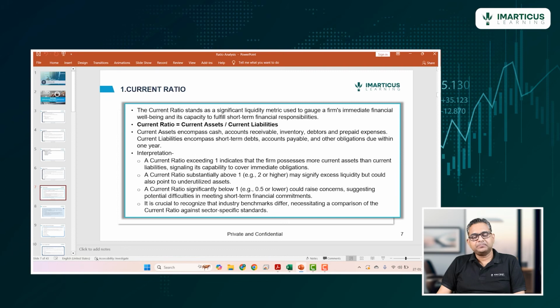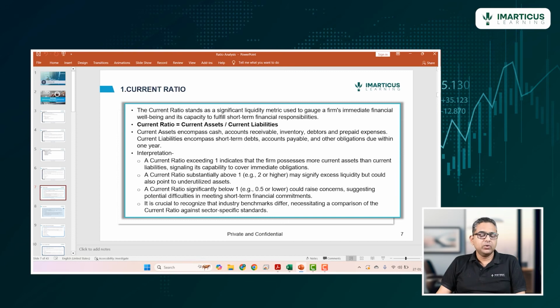So what we need to do here is compare the current ratio of our company versus other similar companies within that industry, right? For different industries, this ratio could be different and it's perfectly fine. For example, if you look at an IT company or a service-based company, you might find that the current ratio is higher.